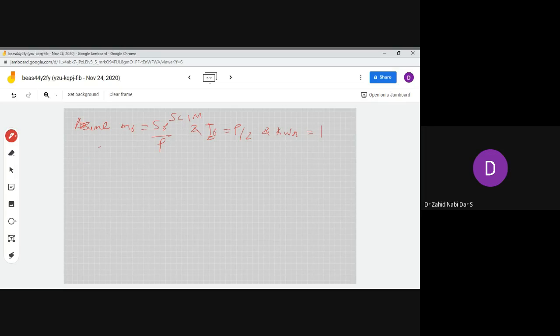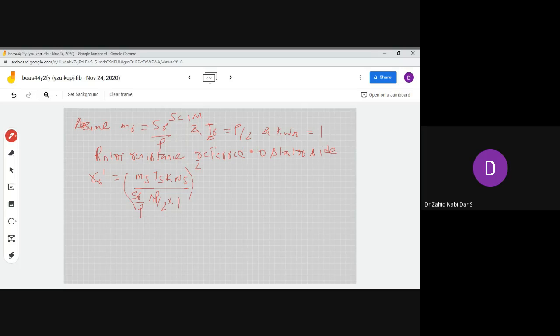So we can write the rotor resistance referred to the stator side. When we are referring this, RR dash would be equal to MS TS KWS, whereas MR we will be giving the value of SR by P, here P by 2, and here the value is 1.